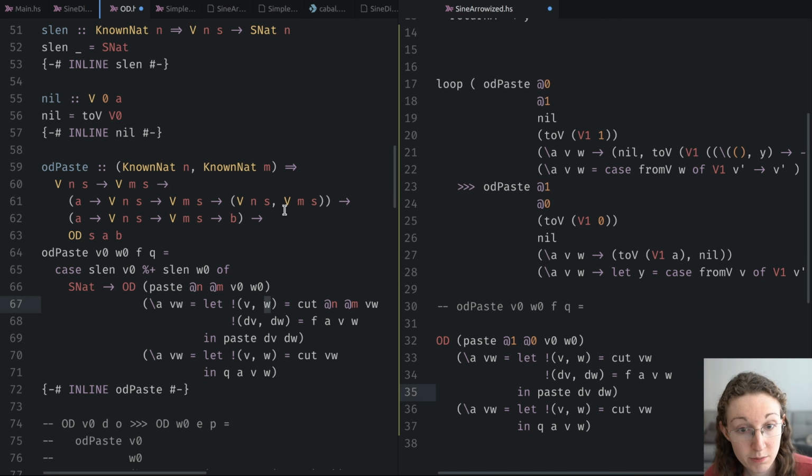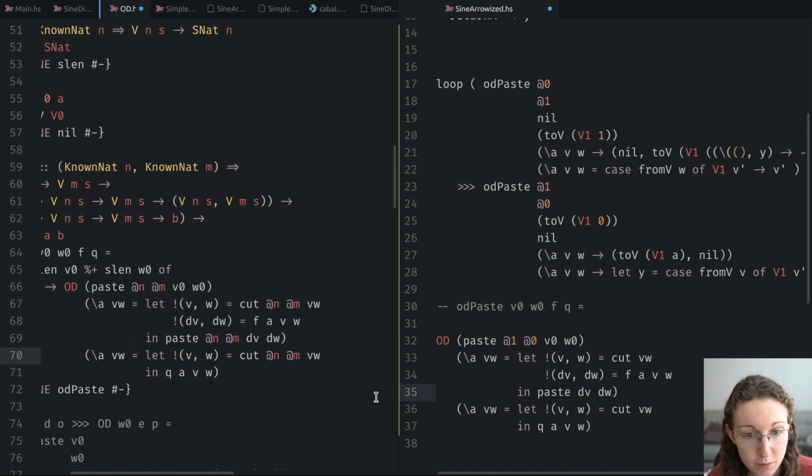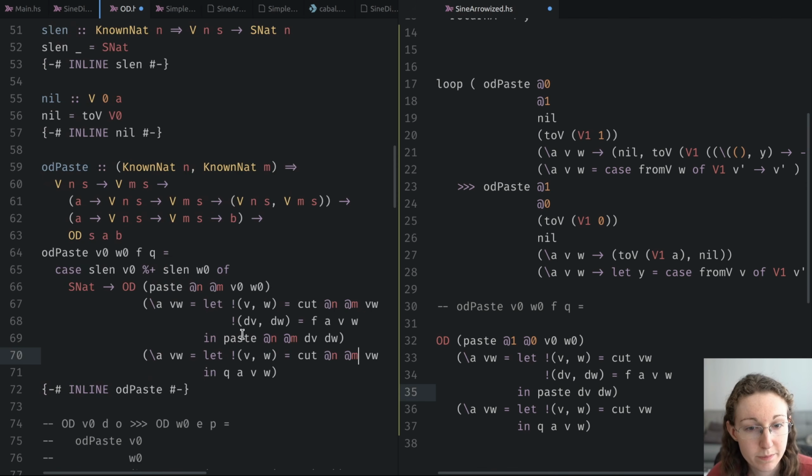And this then returns another vector of length n plus m, and so then we're just going to paste them back together. So all of these type level arguments are going to be the same, and I assume that's also going to be the case here, where this is just going to be n and m. All right, that was something I probably should have done before I started doing this, but so it goes. So let's fill those in over here as well. So we're going to have 1, 0, and 1, 0 right there, and then 1, 0 here.